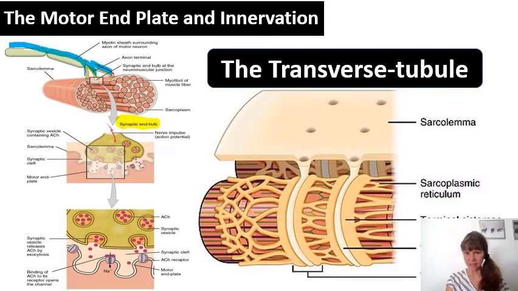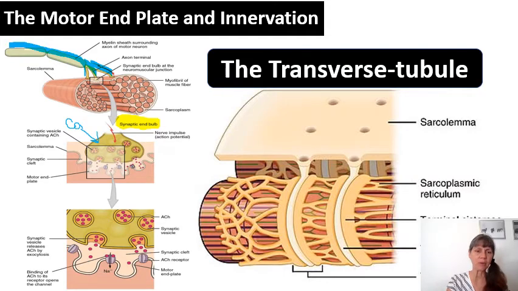They're all the same thing. Because of the electricity that's traveling down to the synaptic end bulb, calcium voltage-gated channels will open up, allowing the influx of calcium into the synaptic end bulb or axon terminal.